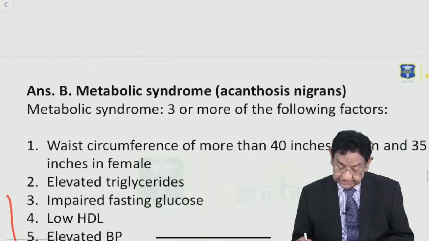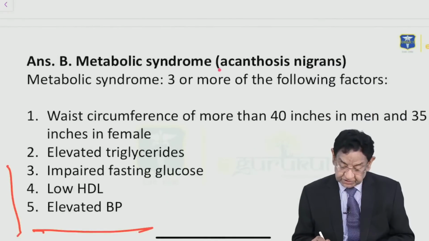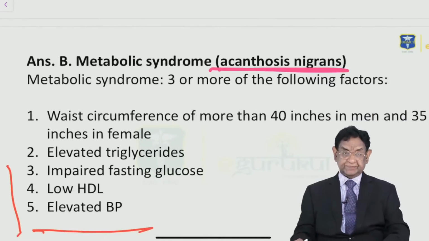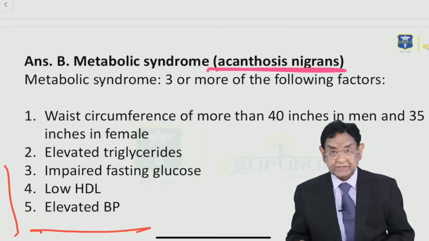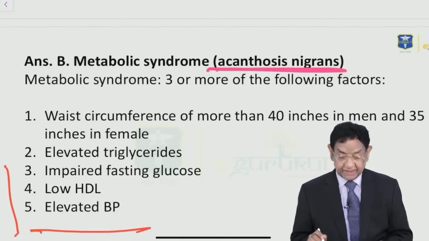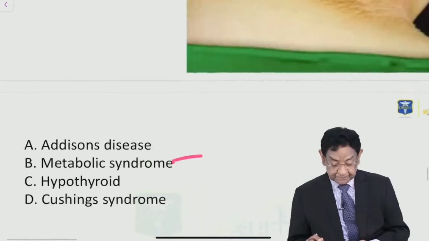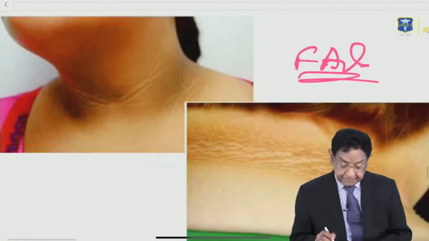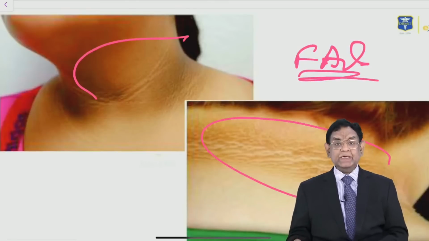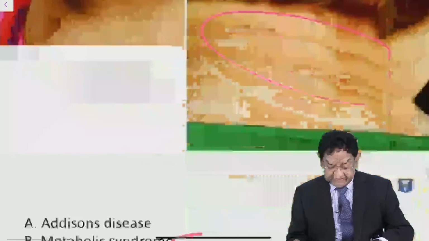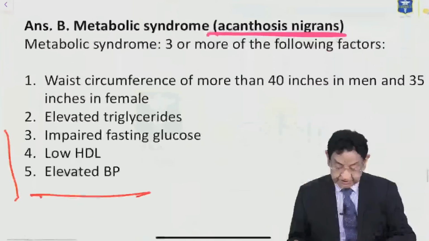Why? This is acanthosis nigricans. The examiner can ask you, remember, it is in the nape of the neck, the back of the neck, and this can indicate metabolic syndrome.